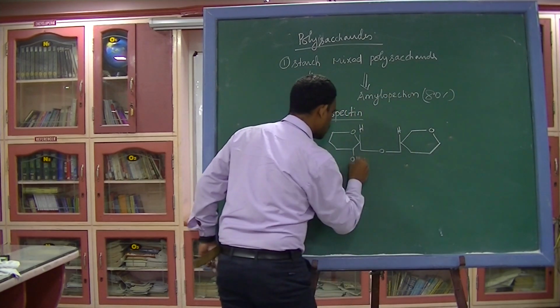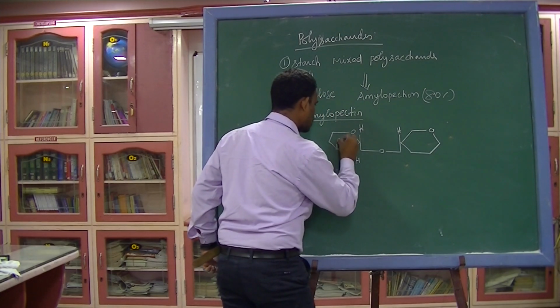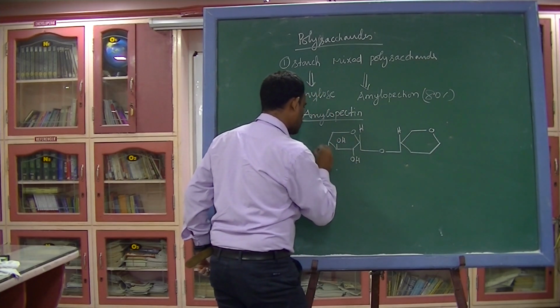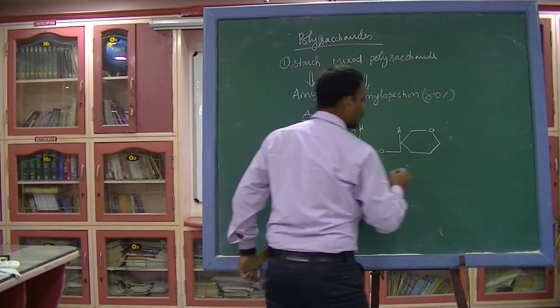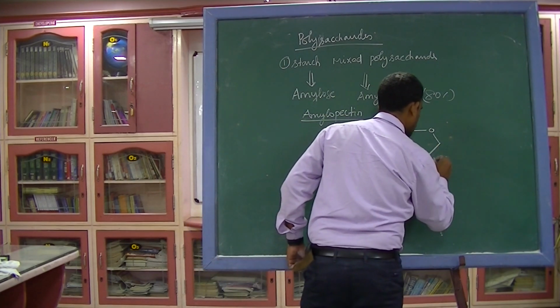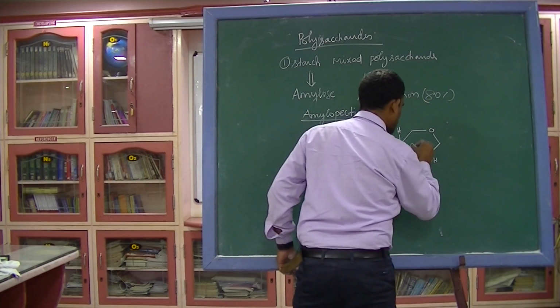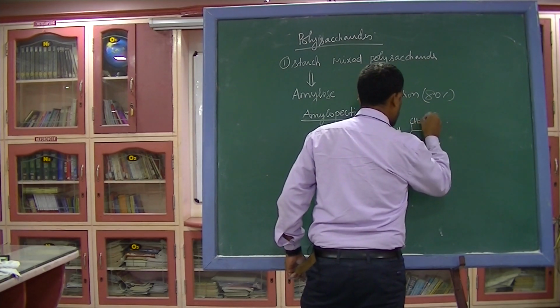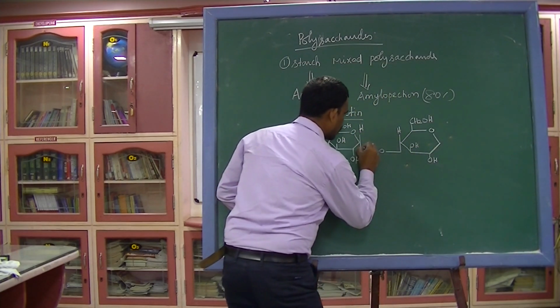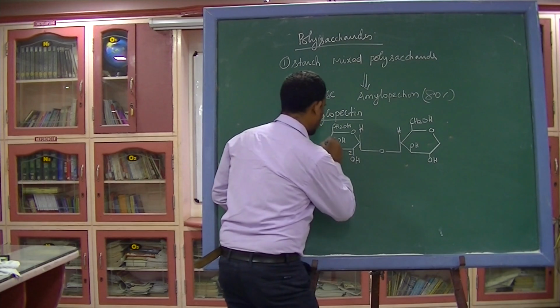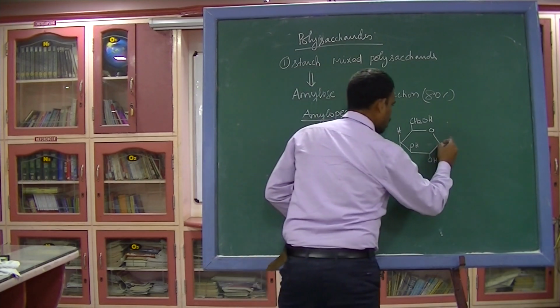So here OH, this is OH, and another OH, this is CH2OH. Here OH, this is OH and CH2OH. Here you have carbons 1, 2, 3, 4, 5, 6.